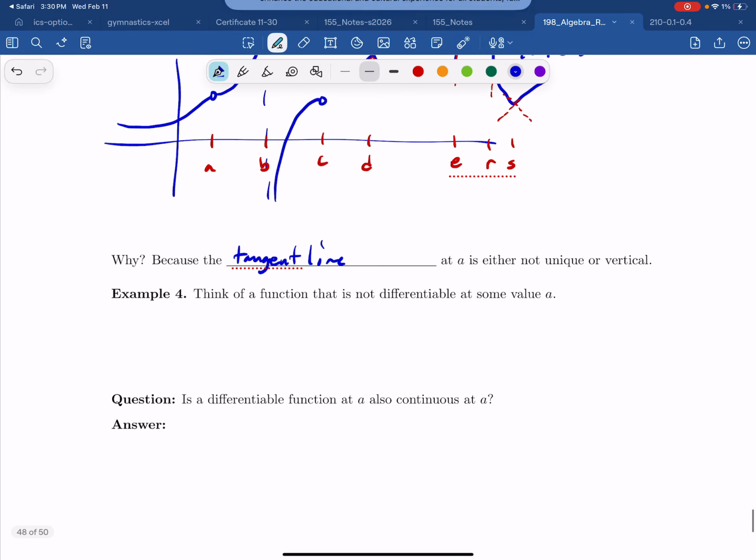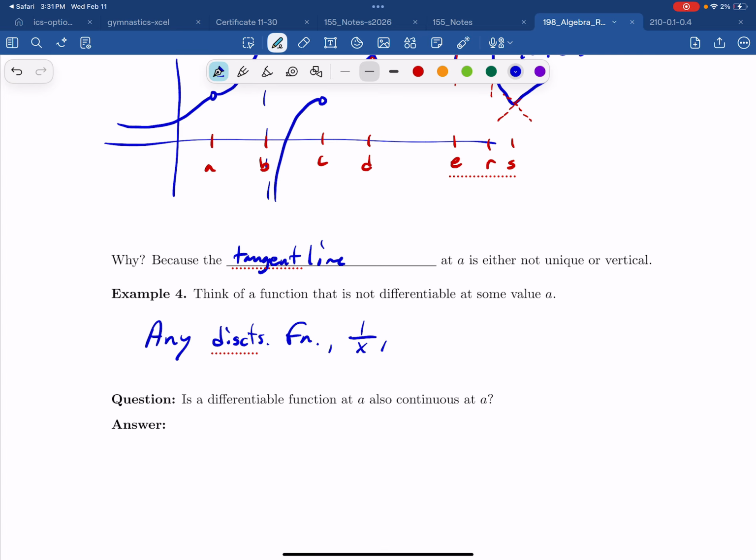All right, here are some functions that are not differentiable, right? Any discontinuous function, that's 1. Also like 1 over x, for example.